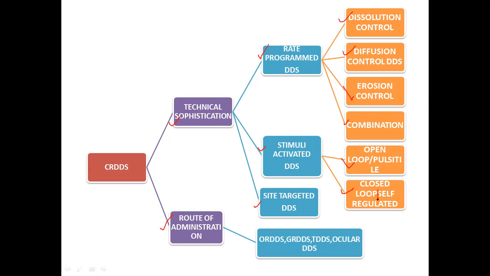So, open loop systems are the systems where the information about the control variable is not automatically detected and which are triggered by an external stimulus. Generally, phonophoresis we are using, ultrasound, temperature, or electric currents. So these are the open loop systems that are controlled by external sources or external stimuli.